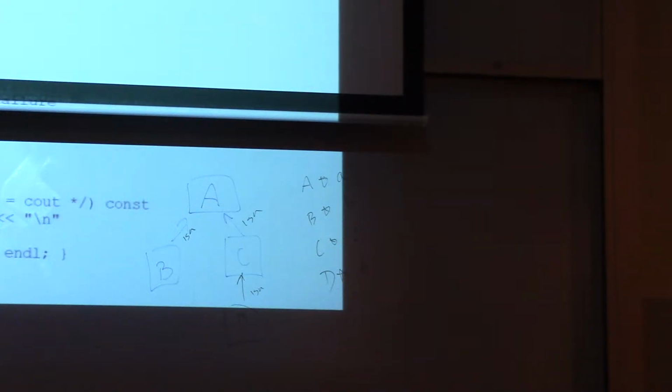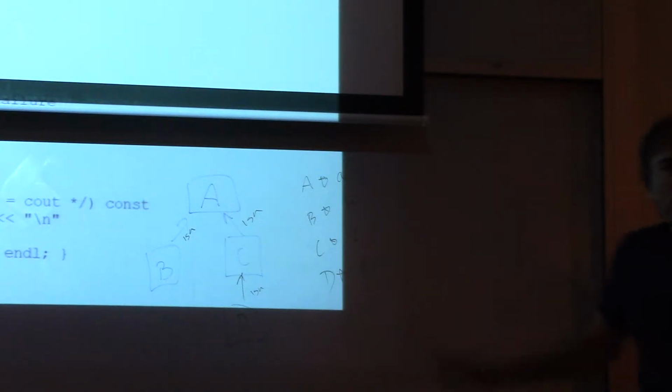Is it an object? It's a pointer, isn't it? If I say int star P, is P an integer? So it's just a pointer. These are A, B, C, D pointers, right? There are no objects here.